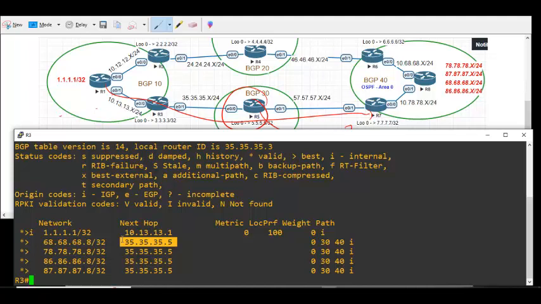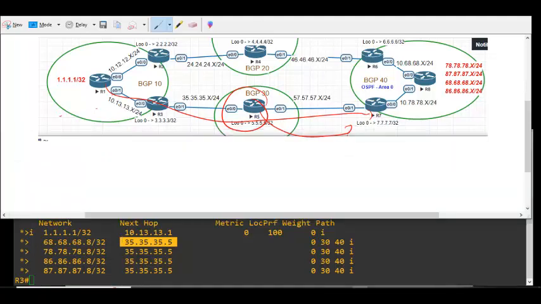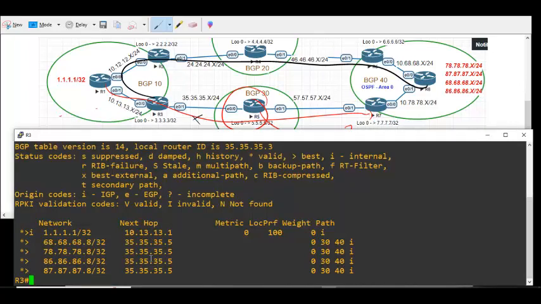How to achieve this? We are going to set local preference and change the next hop on every router. Meaning we are not going to go to every router to change this. We will just set local preference higher on router 2.